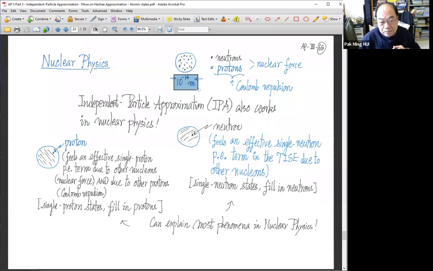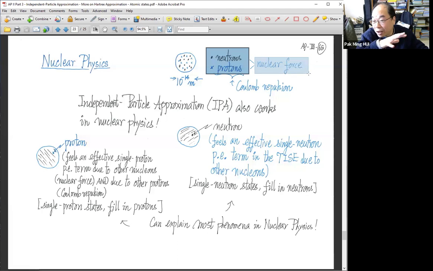nucleus, for example. Okay, so here in a cartoon way, I use some black dots for neutrons, I use some crosses for protons. These are collectively called nucleons, okay, and they interact between themselves through nuclear force. Strictly speaking, in the particle physics language, it is strong interaction.